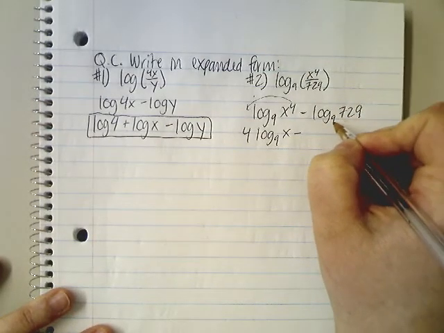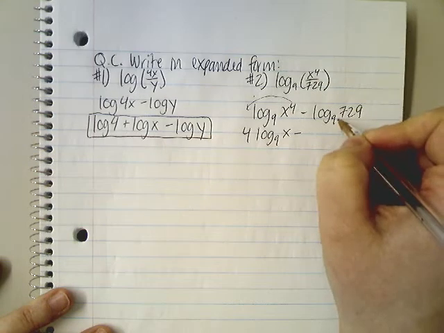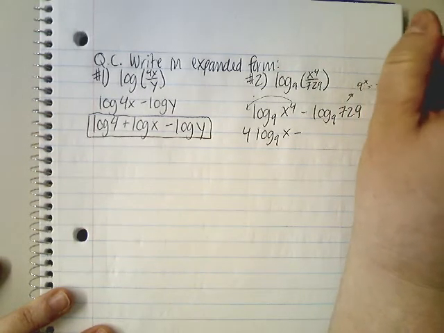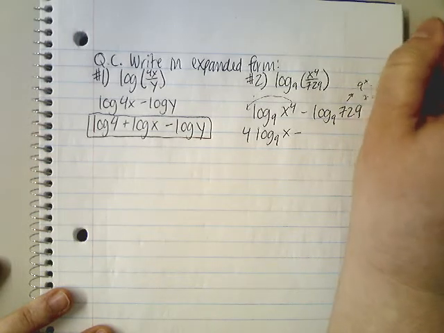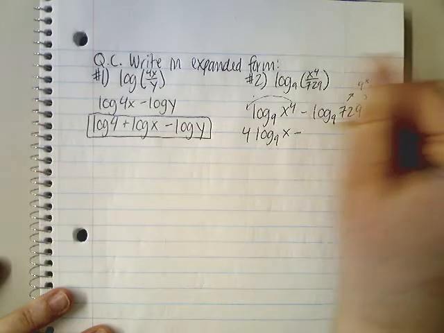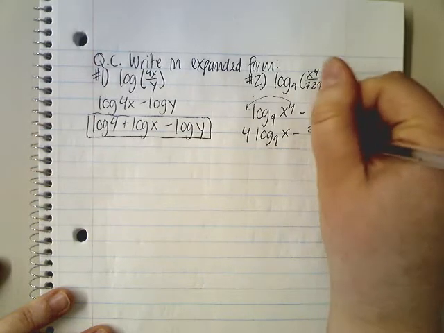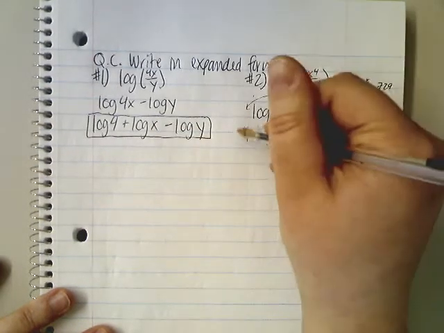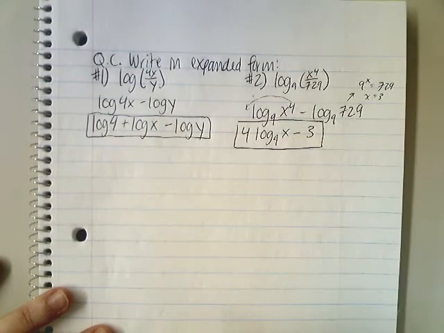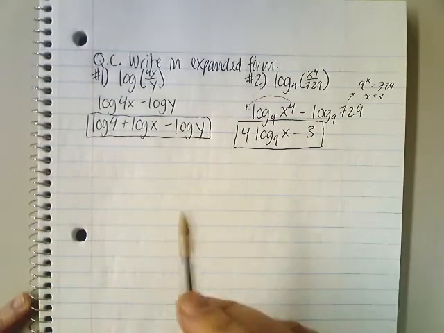If you evaluated this log, 9 to the x equals 729, I know x would be 3 if you use your powers of small integers. So I can rewrite this whole thing as just 3. And that would be my fully expanded form of that log. Make sure you write down any questions on that.